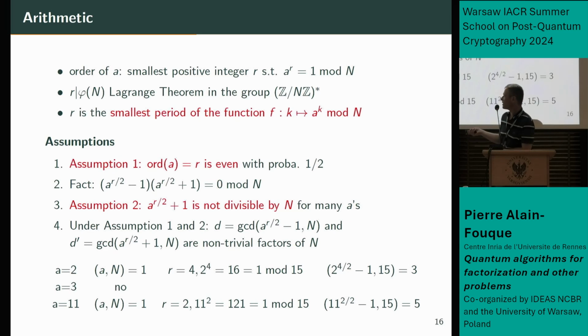So I have automatically found some non-trivial divisor of n, so I can stop here, and it's very easy to factor n. And if I begin with 11, you can do the same computation as before, and you can see that you can recover one non-trivial divisor of 15. Okay?